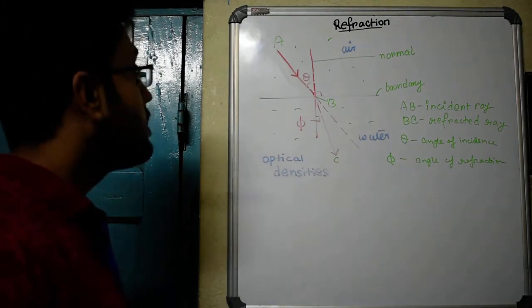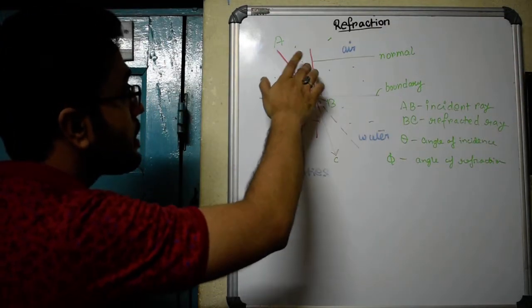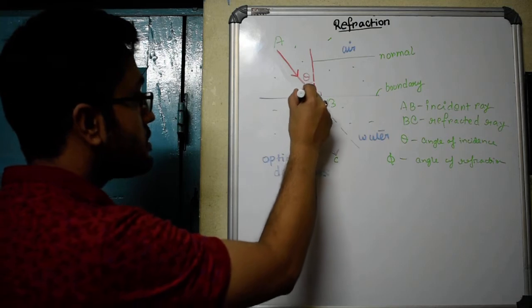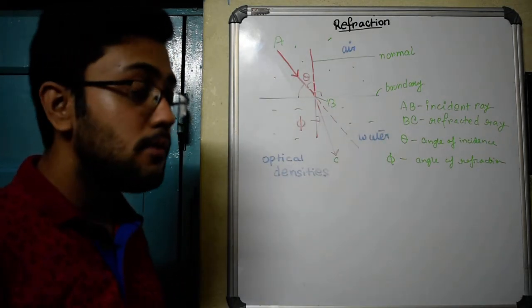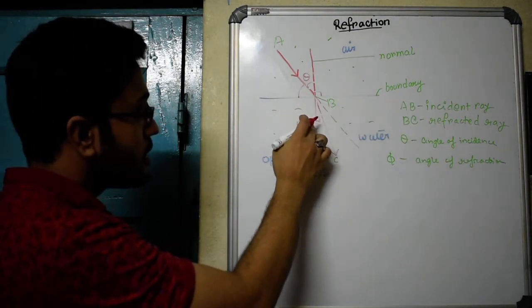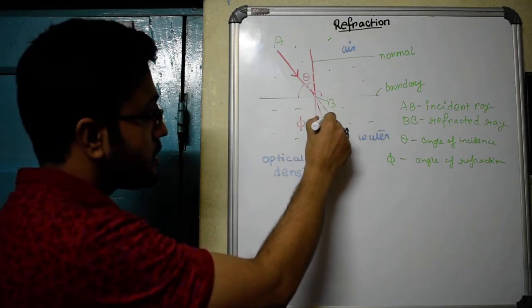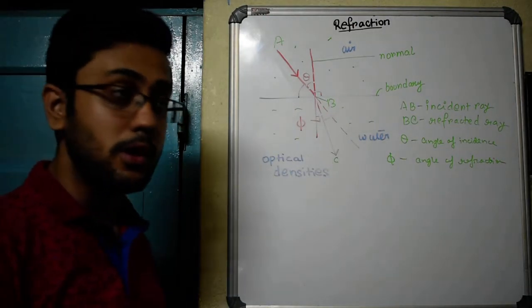We have to keep in mind, when we measure angle of incidence, we will measure the angle which the incident ray makes with the normal. We will not consider the angle which it is making with the boundary. Similarly, when we say the angle of refraction, we will consider the angle which the ray is making with the normal. We will not consider the other angle which it is making with the boundary.